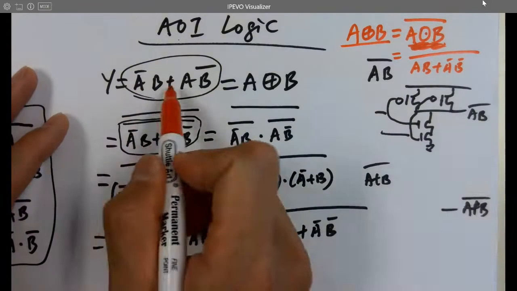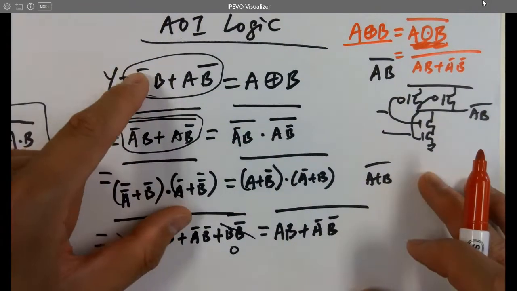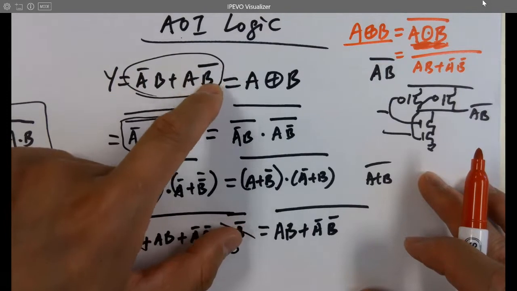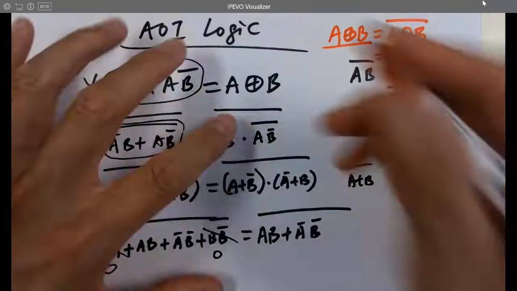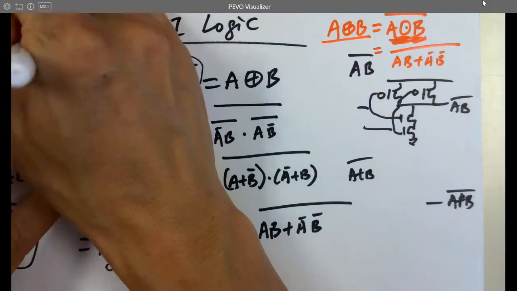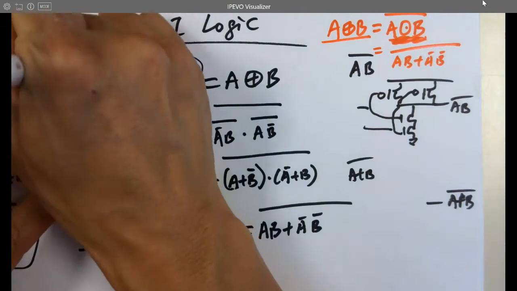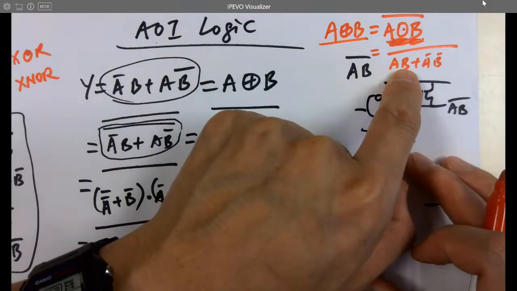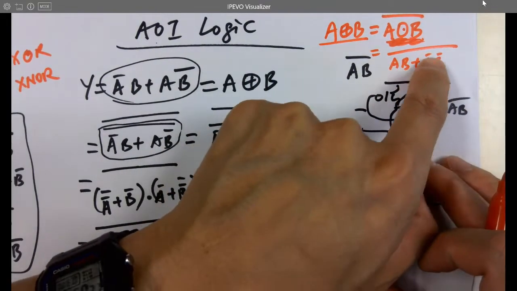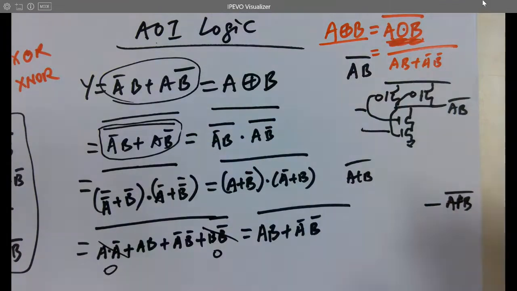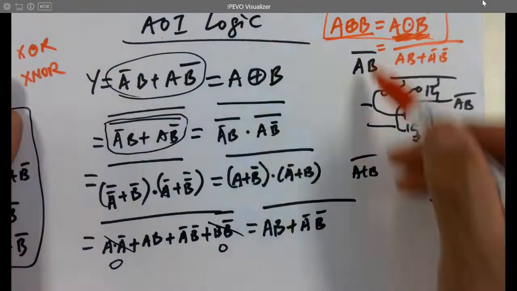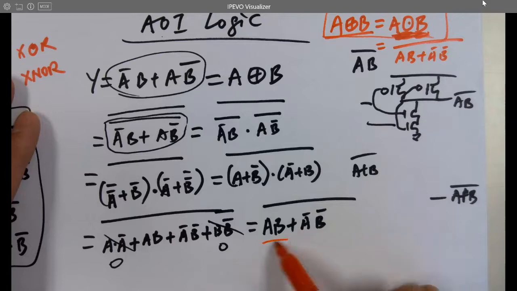Just keep in mind for XOR logic, you have the bar on A in one term and the bar on B in the other. But for XNOR logic, it is just A B with no bar at all, and then bars on both of them. That's XNOR logic, by definition. And here's the conclusion of it, and here's how you prove it. See, this is XNOR.